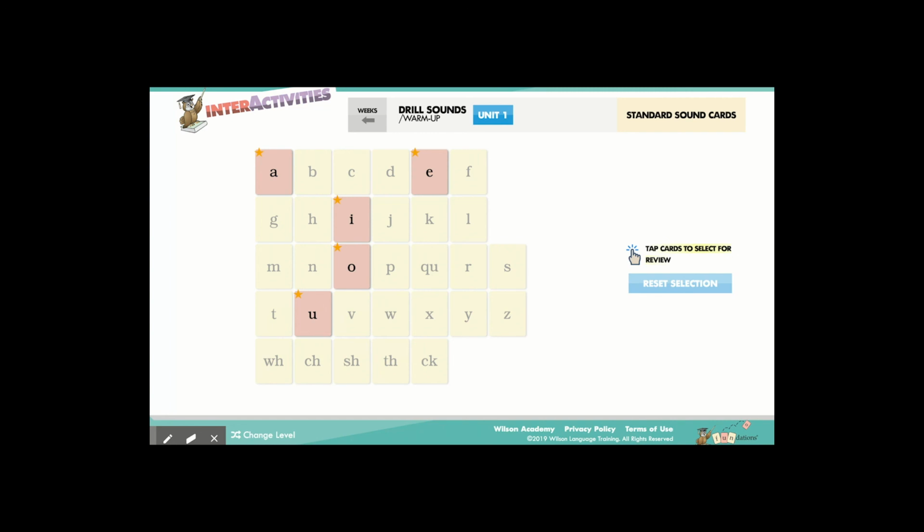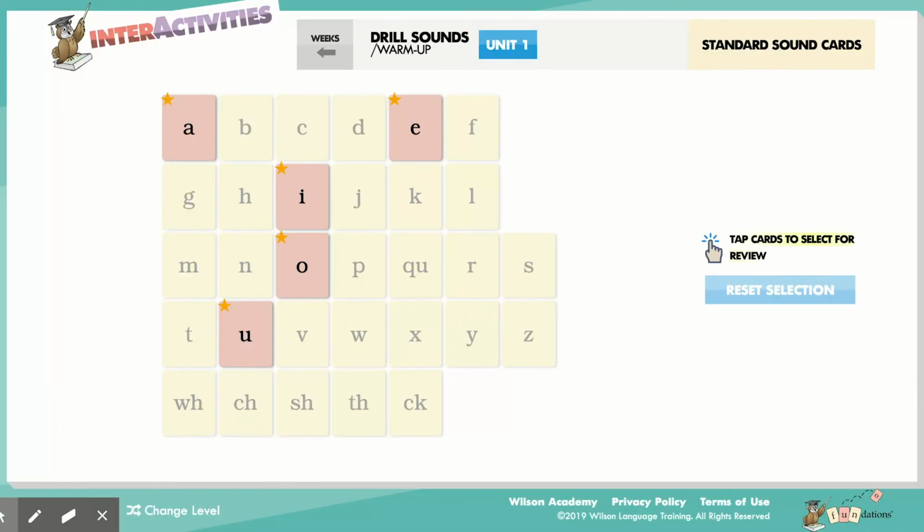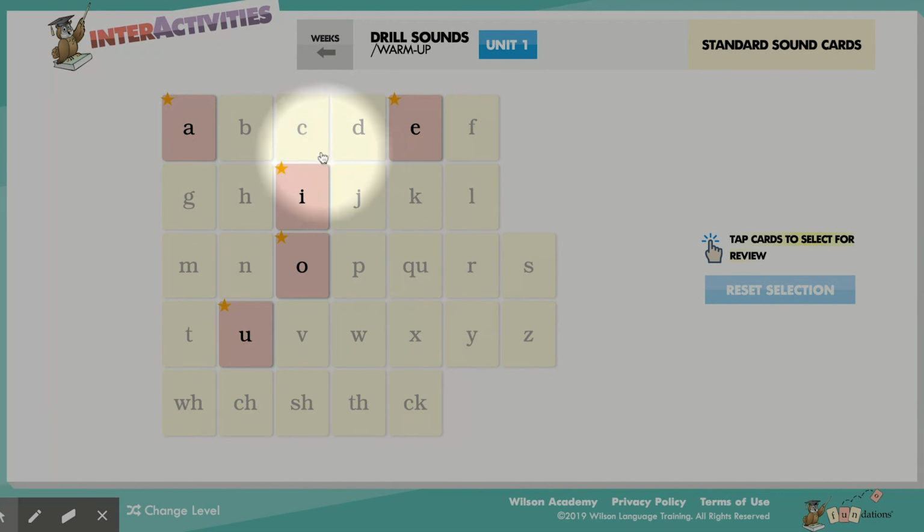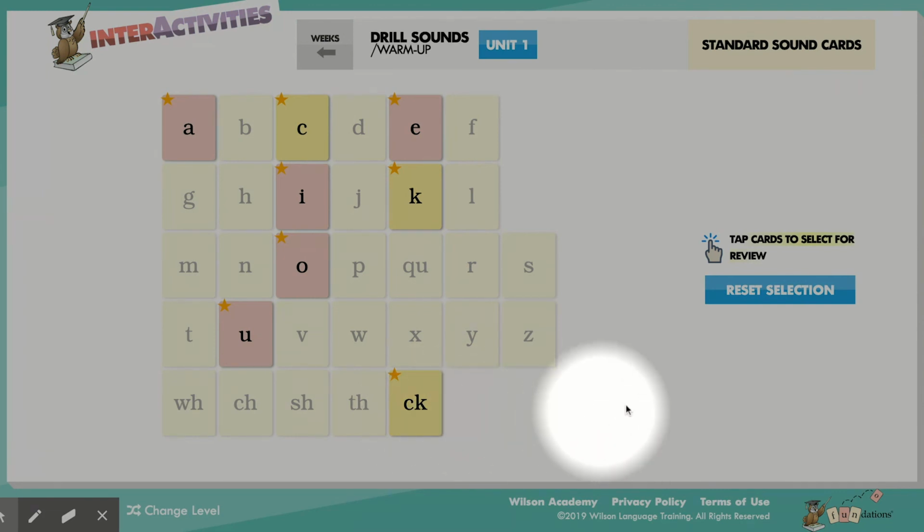What three cards on this board make the sound K? The three cards that make the K sound are the C, the K, and the CK.